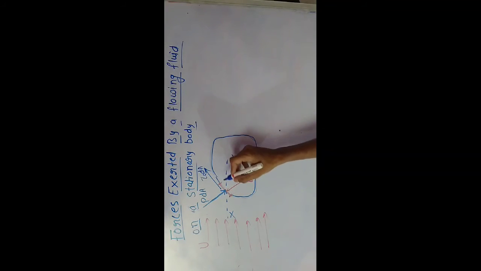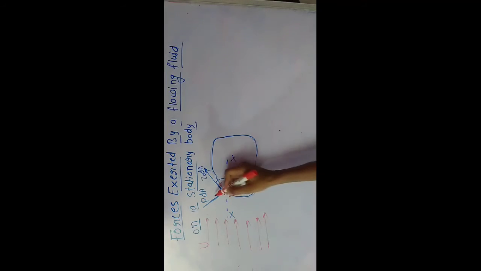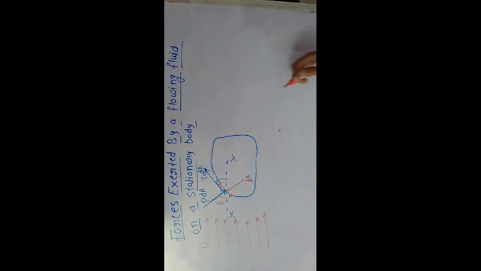and let us assume the shear component magnitude here, and this is theta. Enlarging it here, this is your surface.